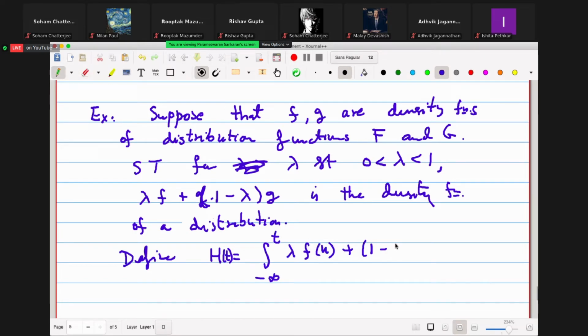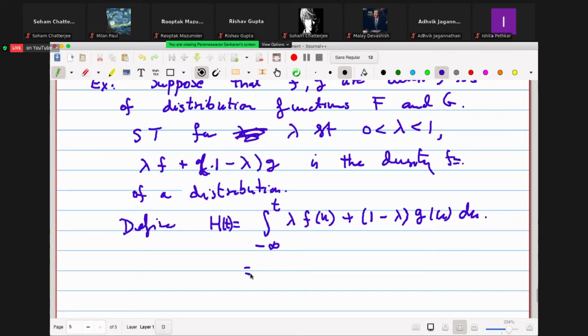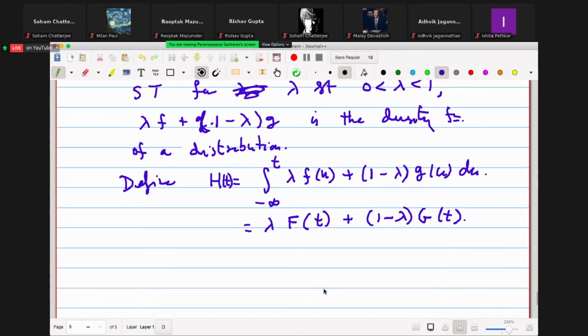And when you do this, using the fact that F and G are distribution functions, I get lambda times F of t plus (1 minus lambda) times G of t. Okay. And now the question is, is this a distribution?